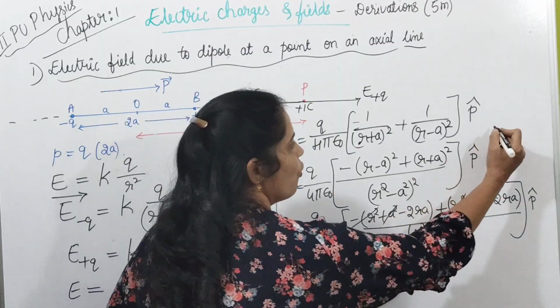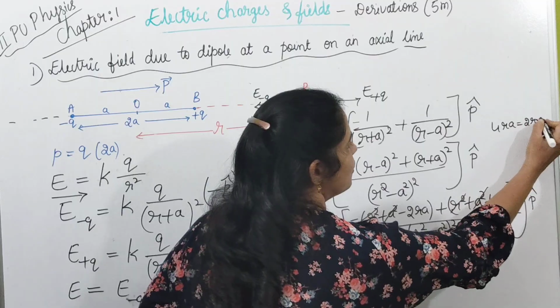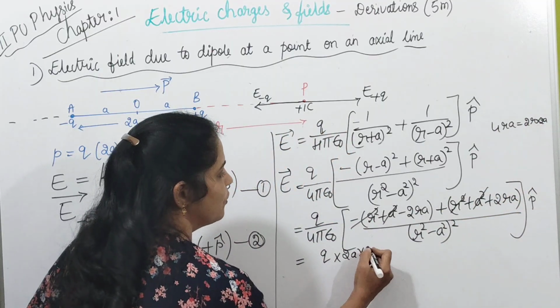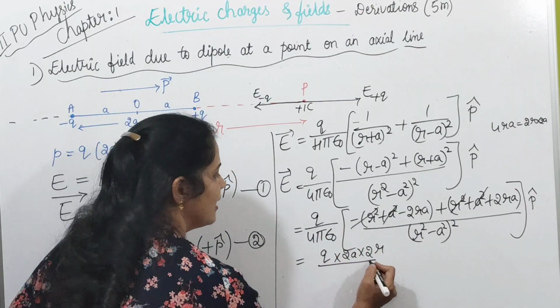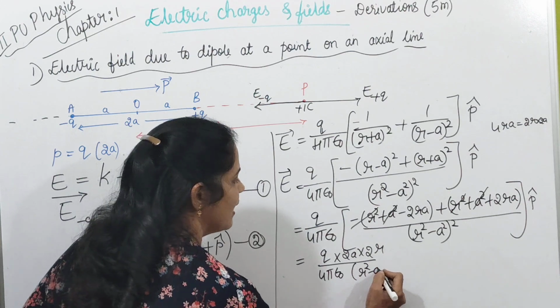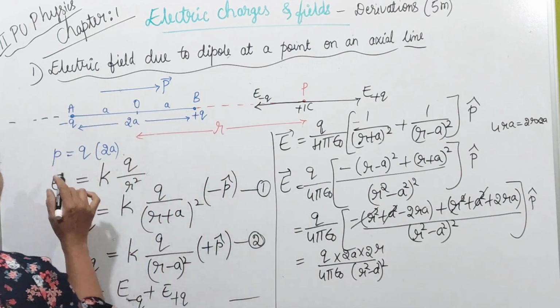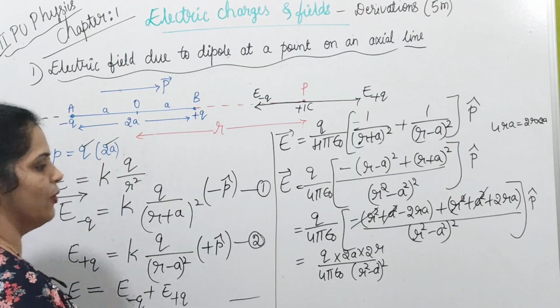I'll write that 4RA as 2R into 2A, okay? I'll write it as 2A into 2R. 2 into 2 is 4, 4RA divided by 4 pi epsilon naught into R square minus A square to the power 2. So, but we know that P is Q into 2A. Q into 2A is called as dipole moment.